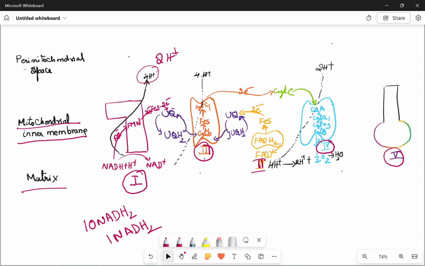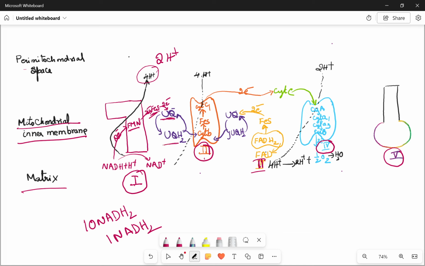According to the NCERT diagram, 4 protons; according to the NCERT matter, 2 protons, 1 ATP. Remember this. Out of the 4 protons, 2 are free protons coming from the matrix, and from NADH2 only 2 protons are coming. Okay, and these 2 electrons are accepted by FMN, and then passed to FeS. These 2 electrons are then passed to the ubiquinone.